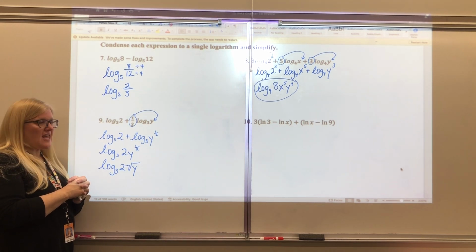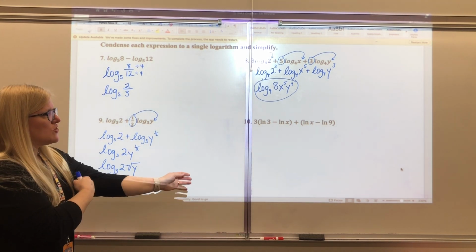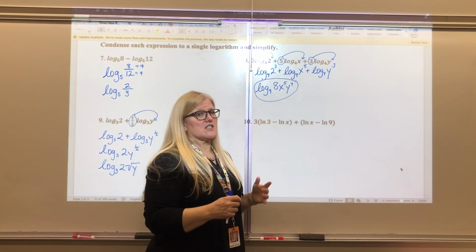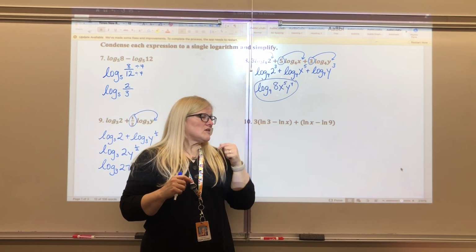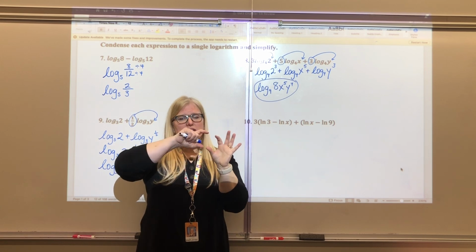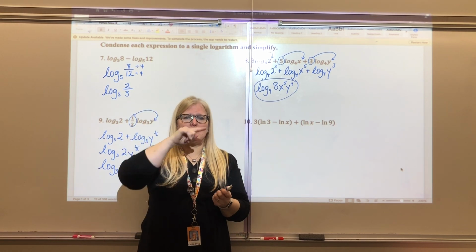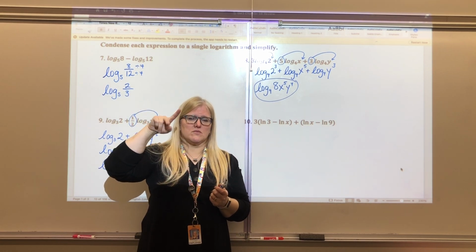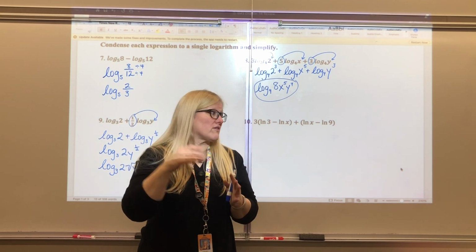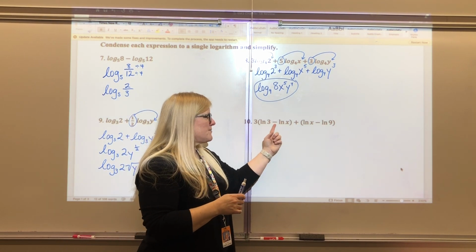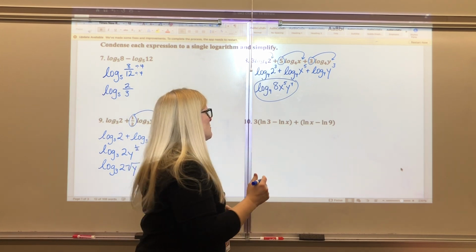Okay, number 10. We're going to do what's inside the parentheses first. Now, you could distribute this 3. You could do that too, and then you'd end up bumping that 3 up as an exponent to both of them. That exponent is going to go to both of these anyway. But let's do this in the parentheses first.